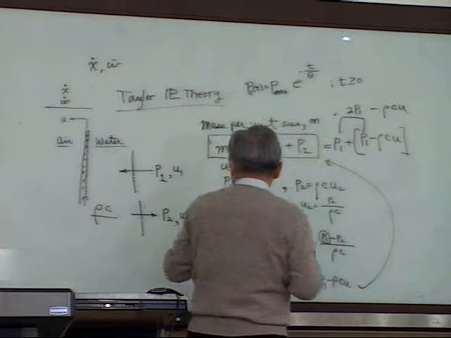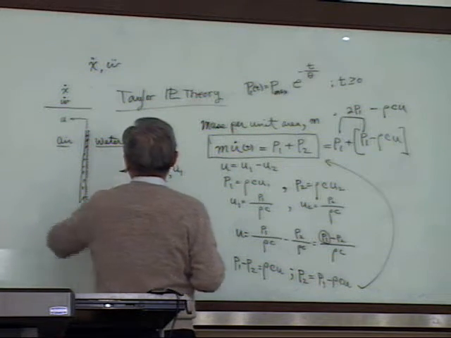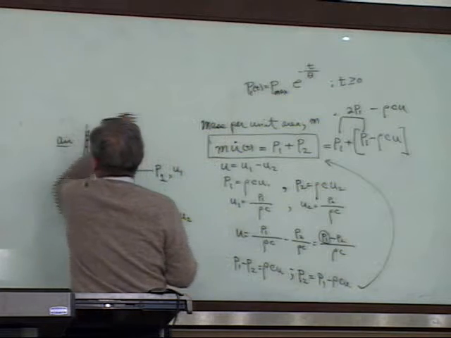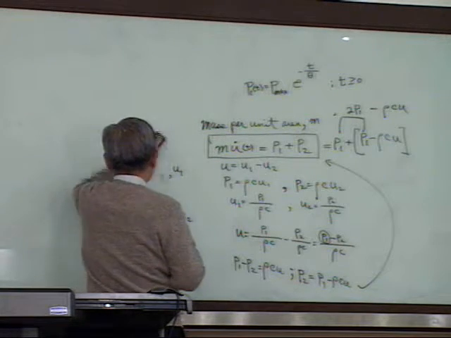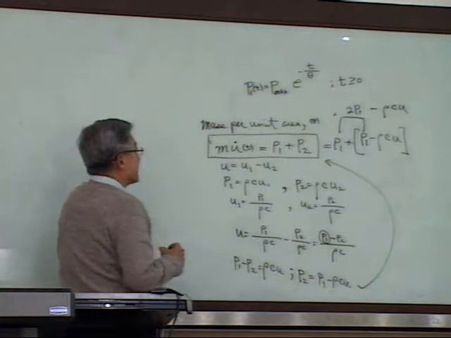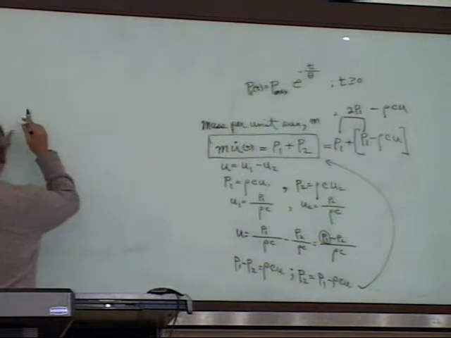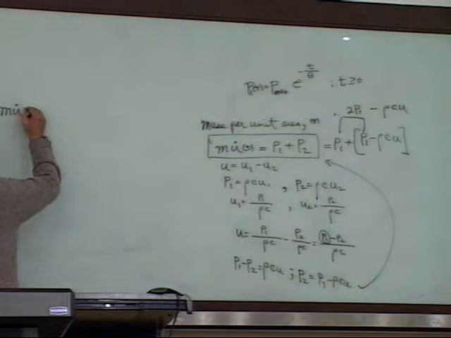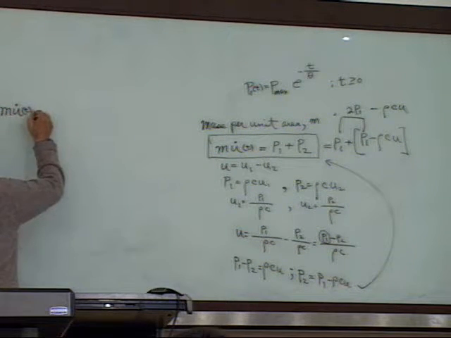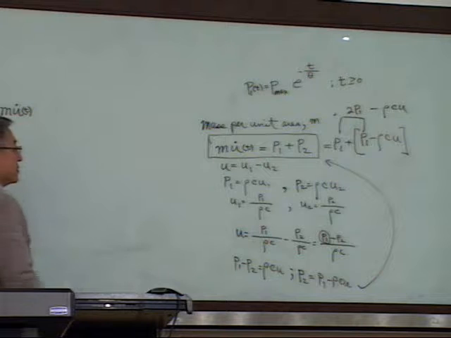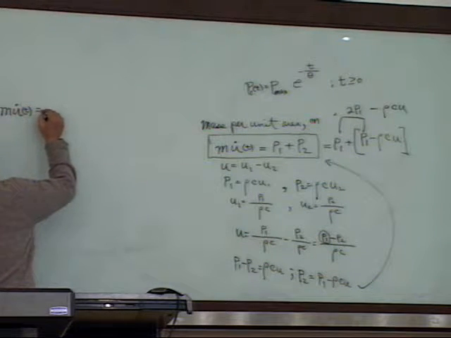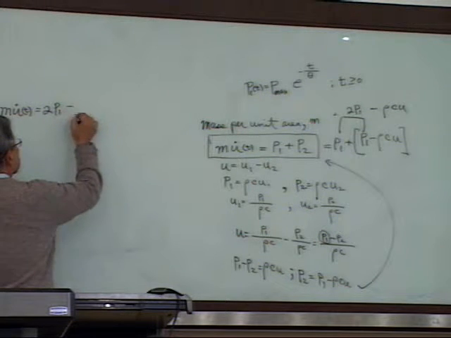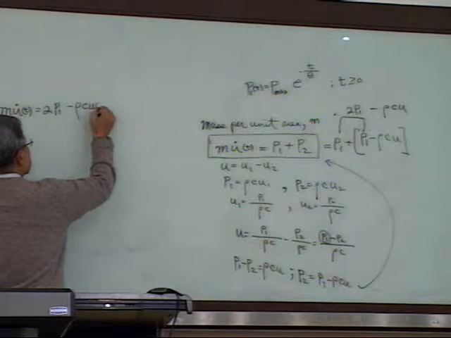So already, by looking at that, you can tell from here. What you have here is mu dot, the main variable, equal to 2P1 minus rho C u.